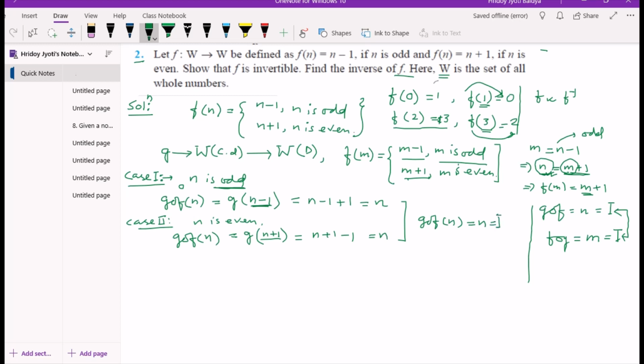Now we'll go for the two cases for f of z. Case 1, when m is odd, we'll try to find out f of z of m.